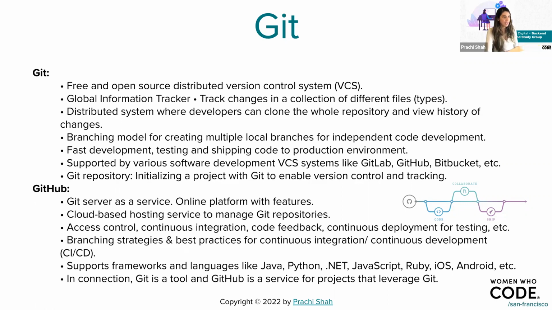GitHub, because of all its amazing features, has enabled different access controls, continuous integration, code feedback, continuous development for testing, etc. It introduces a new concept, continuous integration and continuous development, where you can keep continuously submitting new code. It gets integrated in your repository, and different developers can check out the latest code immediately and start contributing.